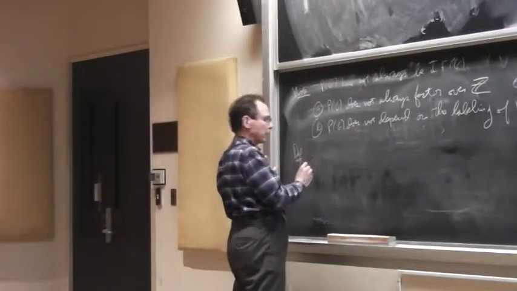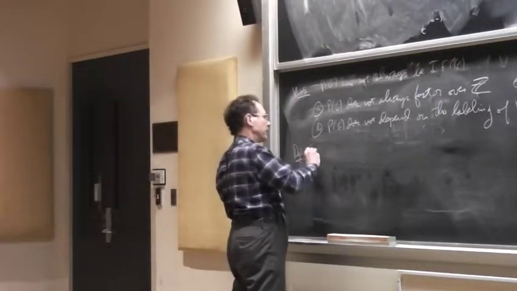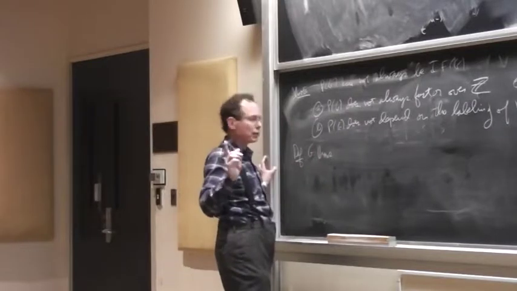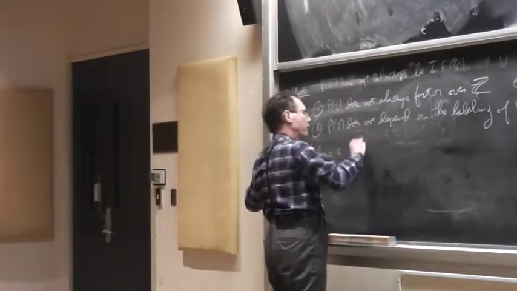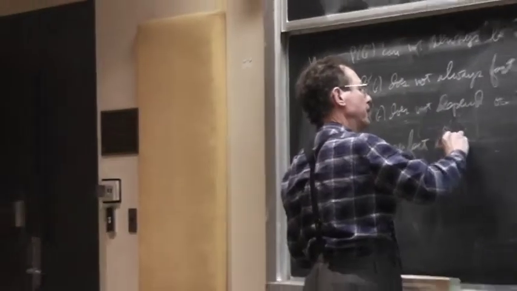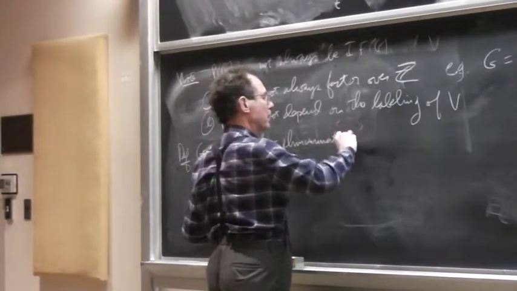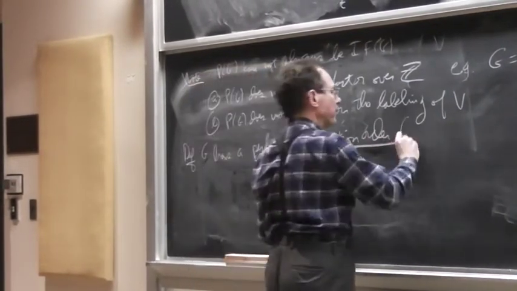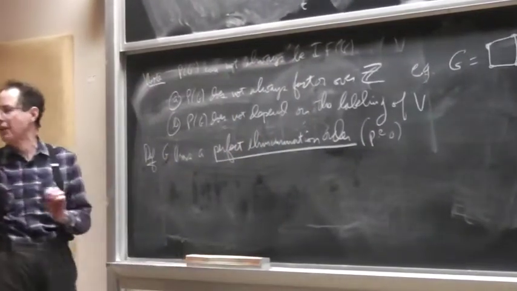It's what's called a perfect elimination order. So we say that G has, and no scatological jokes, please, G has a perfect elimination order. And, being ecologically minded, that's too much chalk for me to use, so I'm just going to call it a PEO.